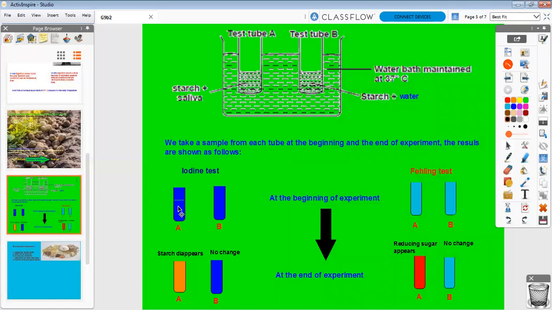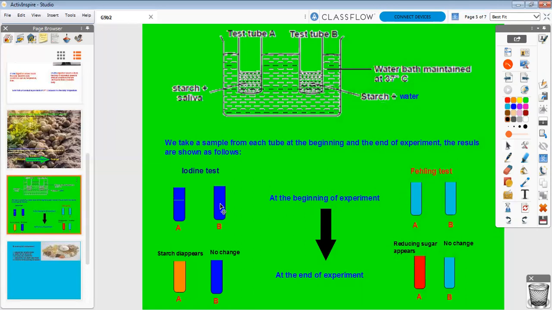This indicates the presence of starch in tube A at the beginning of the experiment. At the end of the experiment, it gives brown orange. This indicates the absence of starch in tube A at the end of the experiment.